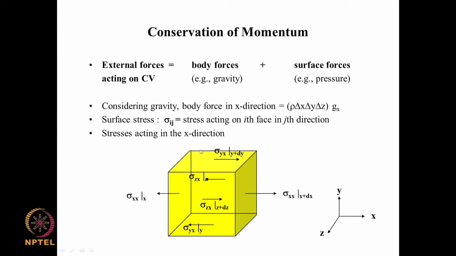Now if you go to the top face, this is a face whose outward normal vector is aligned in the y direction, so we call this sigma y, i equal to 2. This y indicates that it is acting on the top face or the bottom face. But this particular stress is acting in the x direction, so we call this sigma yx.